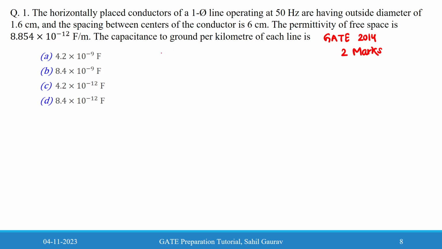Here we are given the outer diameter as 1.6 centimeter, so the radius will be 1.6 divided by 2, that is 0.8 centimeter, and the permittivity epsilon naught is 8.854 into 10 to the power minus 12 farad per meter.